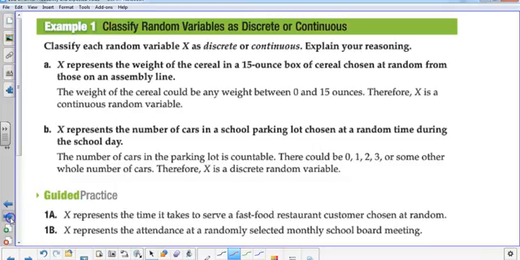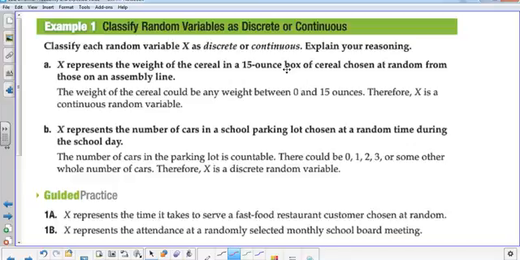Here's some further examples. The weight of a box of cereal. If this company says we're selling these as 15-ounce boxes, and they take every 5th one off and weigh it, is the weight always going to be exactly 15? No. And it could vary by 100th, it could vary by 1,000th, right?